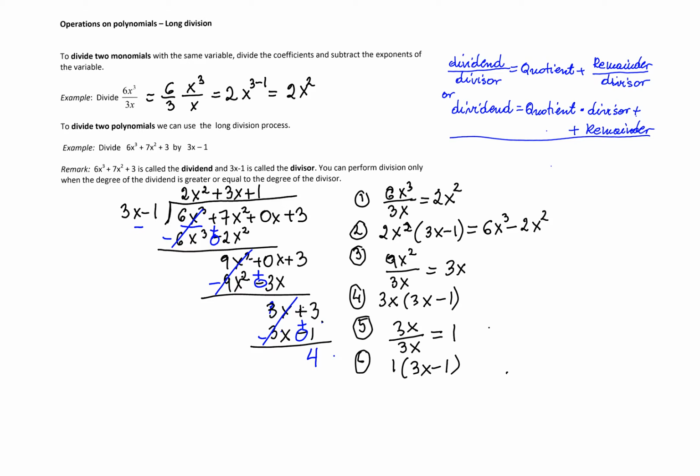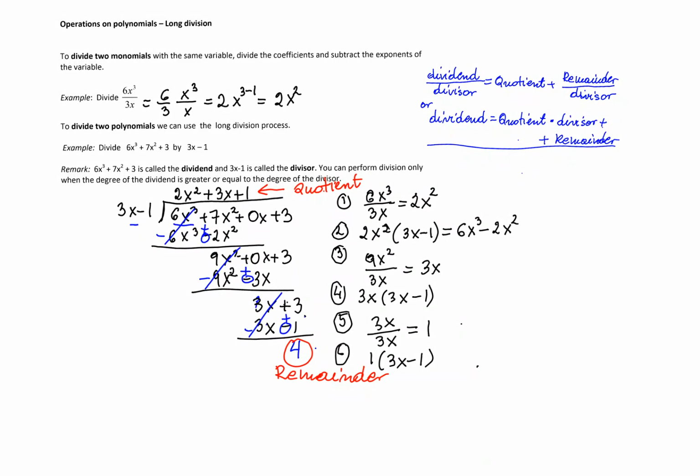4 as the result. So what we obtain here is the quotient, and this is the remainder. Okay, so now we can use the relationship between dividend, divisor, quotient and remainder, and write this answer.